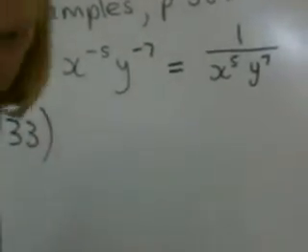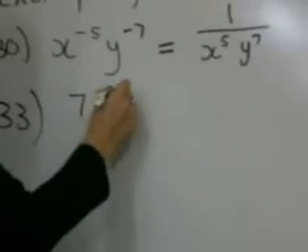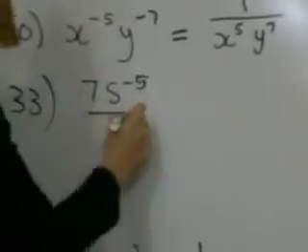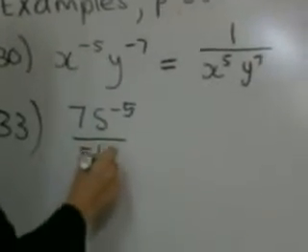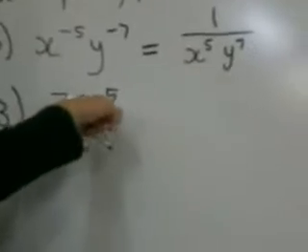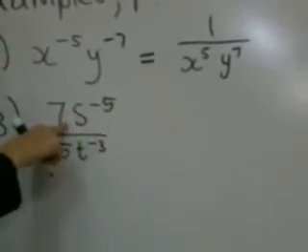Number 33 says 7s to the minus 5 over 5t to the minus 3. Okay, now to rewrite the s to the minus 5. Remember that the minus 5 is only for the s and not for the 7.